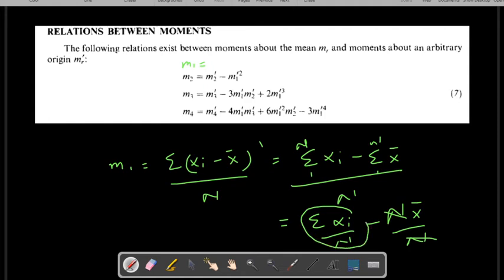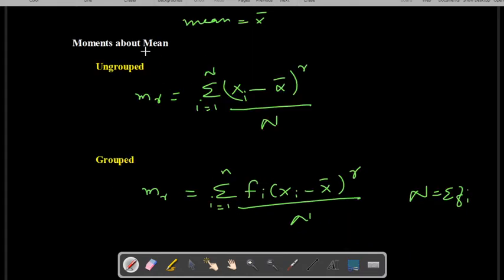Sigma xi by capital N is the same as x bar, minus x bar again, that is equal to 0. So the first moment about mean is always equal to 0. So remember this always: m1 is always equal to 0.